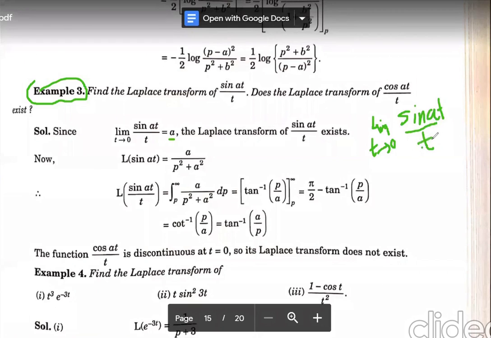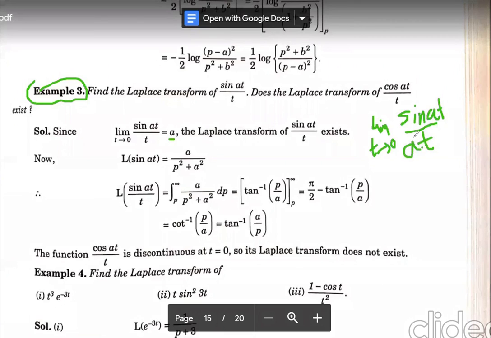How does it come a? If you remember the formula, limit t tends to 0 of sine of t by t equals 1. Whatever is inside the sine should also be in the denominator. But here it is sine of at while the denominator is only t. So first you need to make it at.